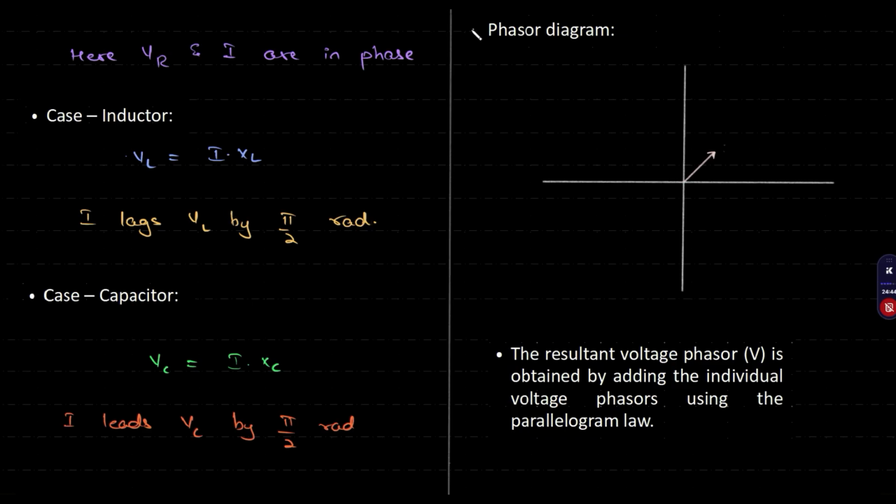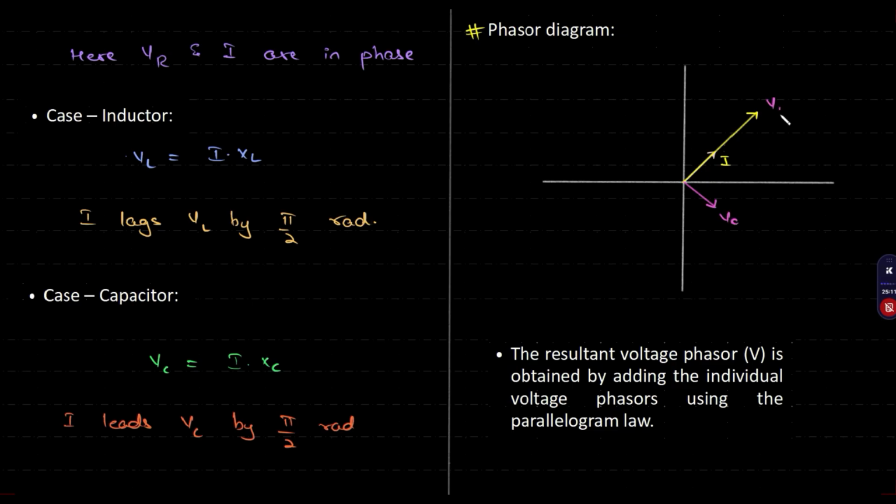Now, let's look at the phasor diagram. This is where the entire thing summarizes. If this is the current at a moment of time, the voltage across the resistance will be in phase. The voltage across the capacitor will be lagging. That will be your VC.